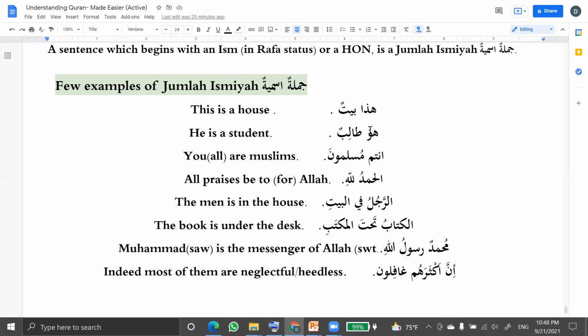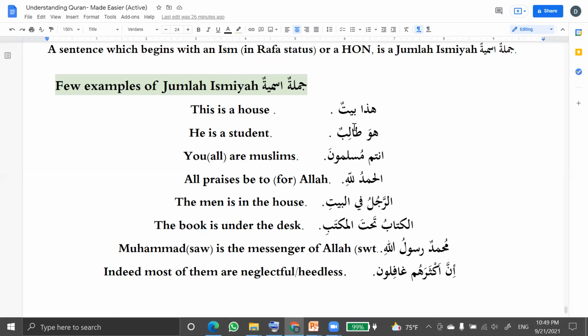Okay, and then you see this sentence is starting with hadha, and then another ism which is telling us about the first word, right? Hadha, this. Then the later half of the sentence is telling us what is this. Hadha, what is hadha? So hadha baitun. This is a house.